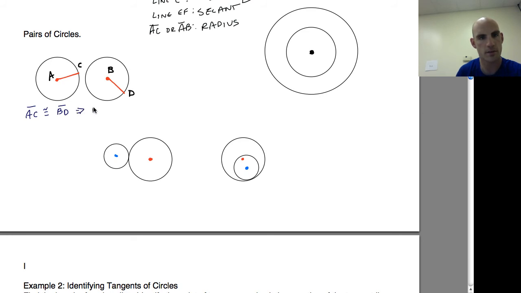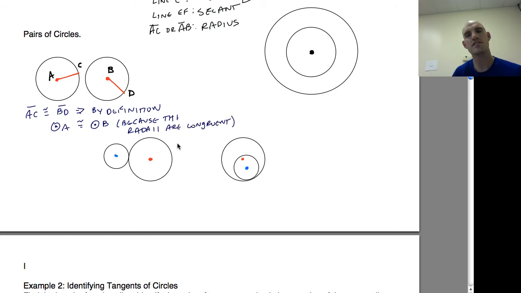And that is, by definition, circle A is congruent to circle B because the radii are congruent. And that's the smallest unit of a circle that could be congruent. So the diameters are congruent, the circumferences are congruent, the areas are congruent, but the smallest denomination is that radius. And if it's congruent, then those circles are congruent.